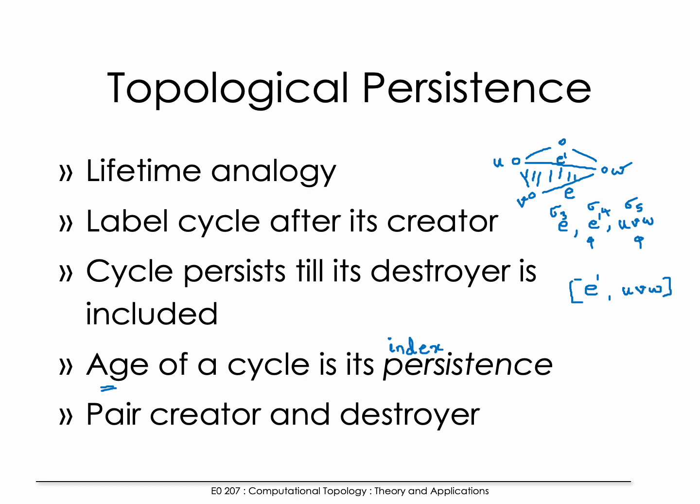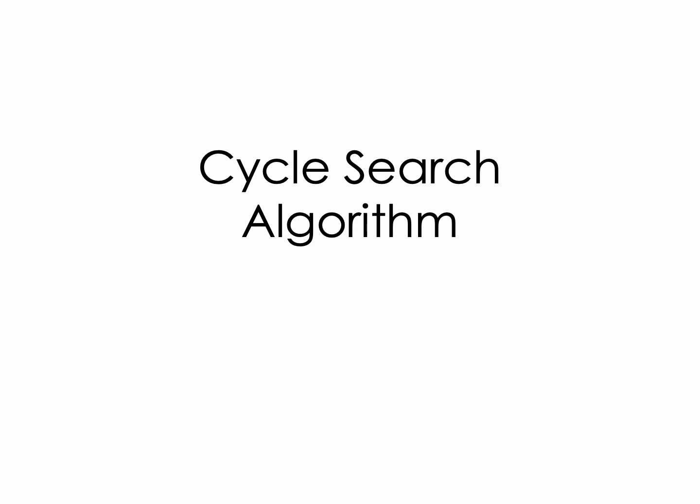So that is the goal of the persistent homology algorithm. We are going to see one approach towards the computation of topological persistence, which is called cycle search. This is very concrete in the sense it is easy to build the intuition for this algorithm, and after this algorithm we will also see how this leads to the more familiar matrix algorithm that we saw for homology computation.